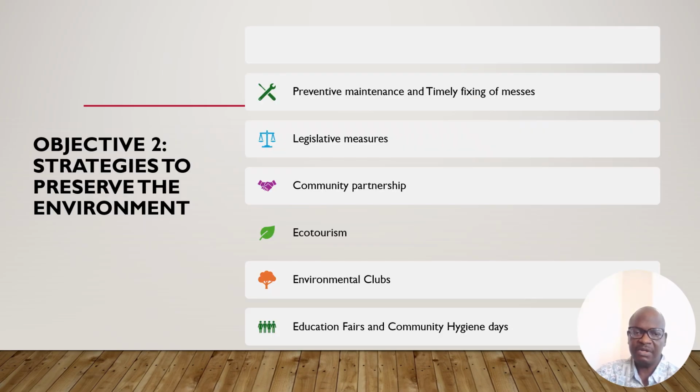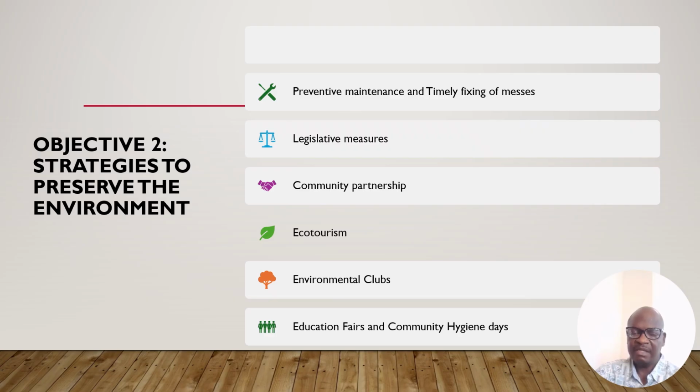For that reason, we need strategies, we need mechanisms, we need ways in which we can preserve our environment. One of the golden rules of environmental preservation is preventative measures. We need to have a preventative measure whereby any deviation from the normal environment is timely fixed.